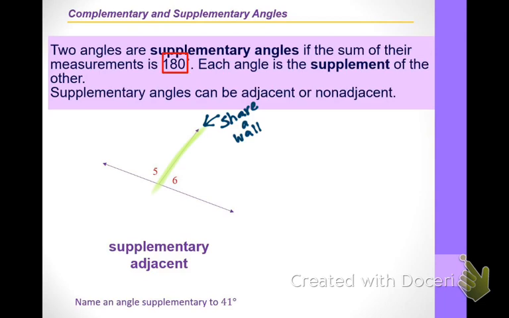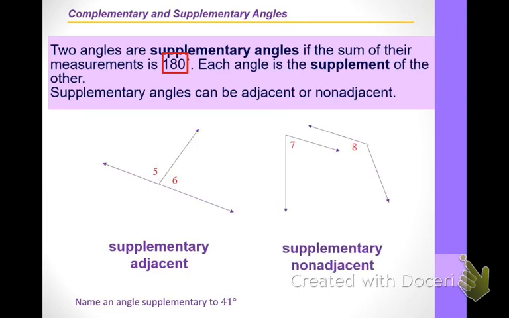So let's say this one is 100 degrees. What would the other angle be? 80. They could also be non-adjacent, which is the second picture you have. If the first angle was 70, what's the second angle? 110, because 70 plus 110 is 180.